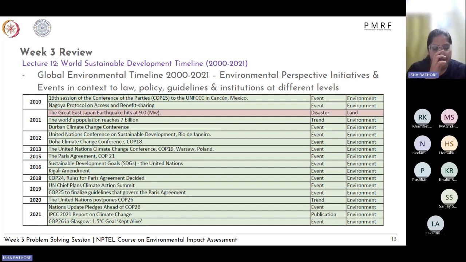So countries have to pledge to meet these goals to keep the Earth and the environment alive. This was what was discussed until 2021. Further to 2021 is not relevant from the examination point of view, but we did discuss the timeline in the first week itself, in terms of India as well as the world, towards the end.